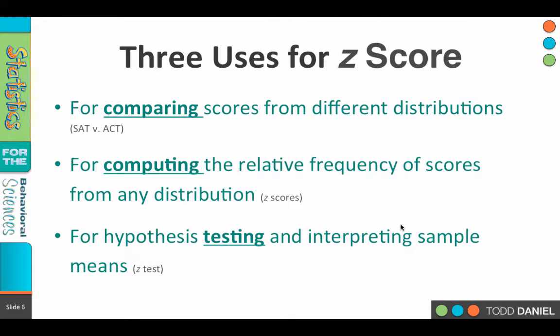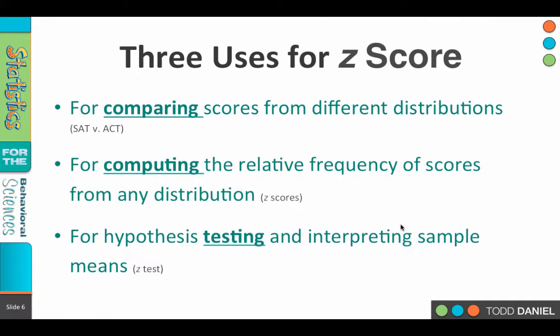Which of those scores is higher? Well, 650 is certainly more than 30, well, quite a bit more than 30, so that must be better, right? The only way to know for sure is to standardize those scores so that they can be easily compared. And we can do that using z-scores.